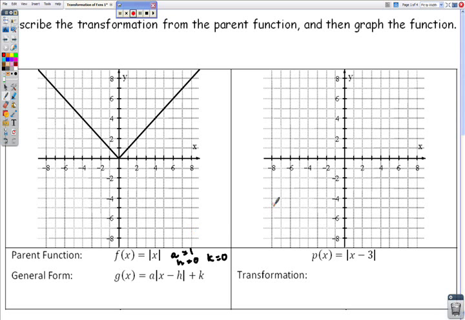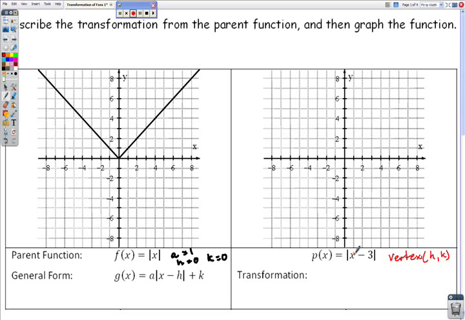So when we're given a transformed function, the first thing we want to do is to identify the values of a, h, and k. Switch my pen here, make it smaller. And the vertex is going to be whatever h and k are.